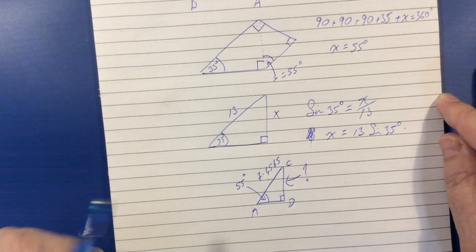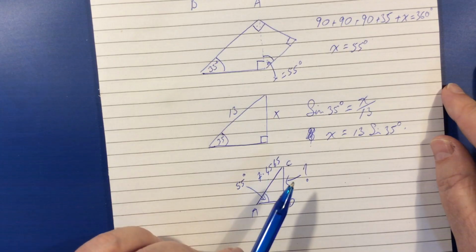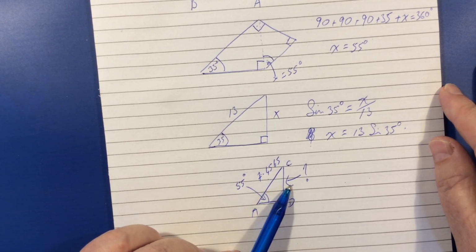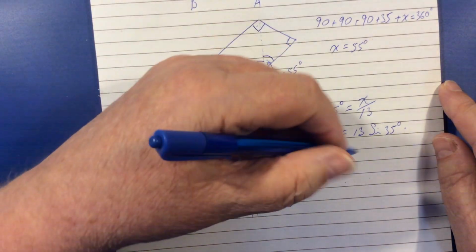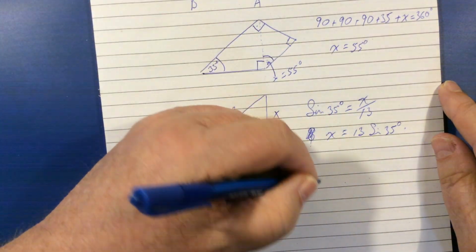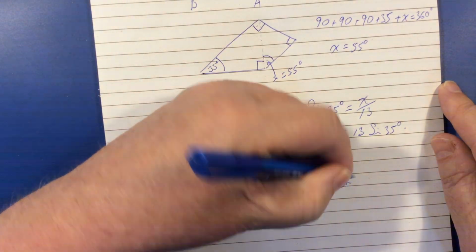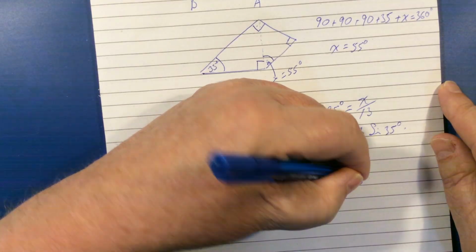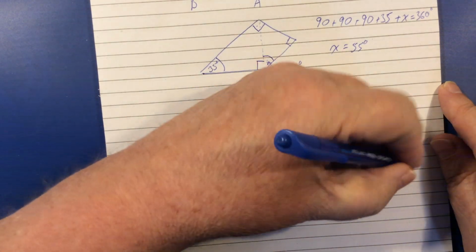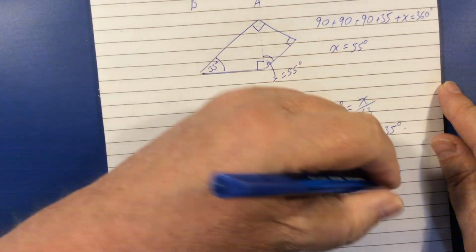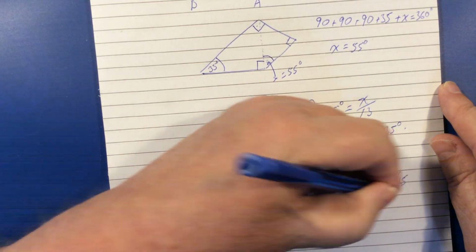So let's go about that. What we have is a hypotenuse and an opposite side to this angle. Let's call this y. So the sine of 55 degrees is going to equal opposite y over 7.4565.